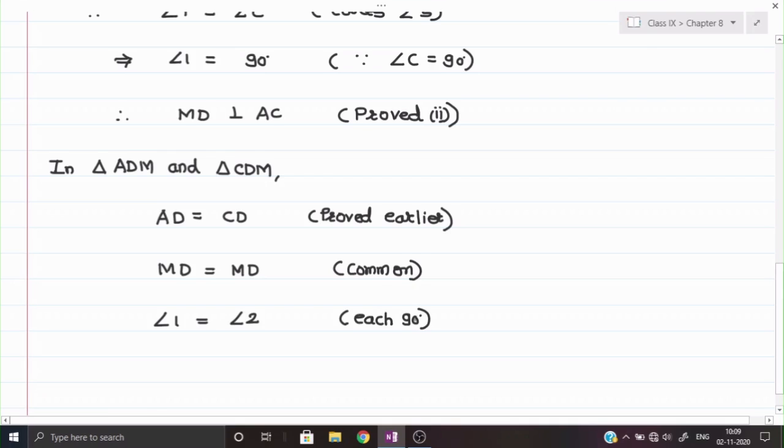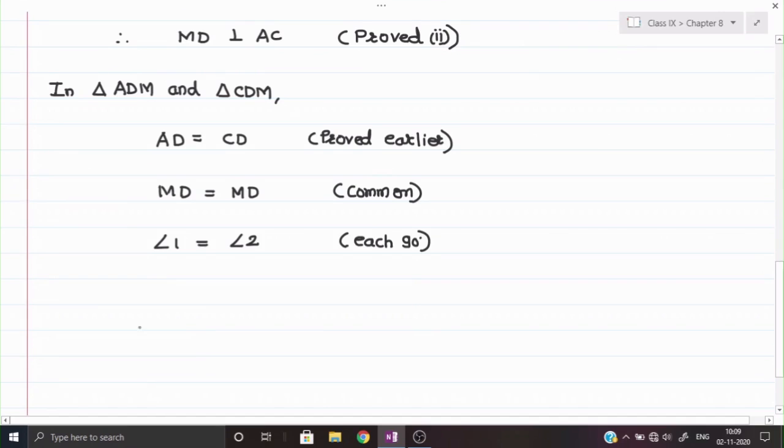Okay, so we can say that therefore triangle ADM is congruent to triangle CDM. ADM and CDM both are congruent, right? How we can say both are congruent? With the help of side angle side congruency theorem.